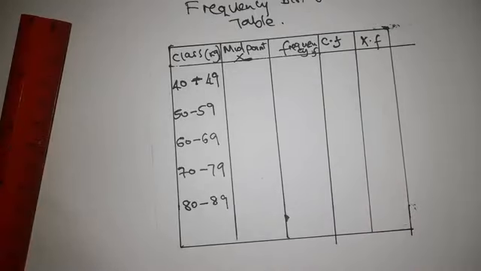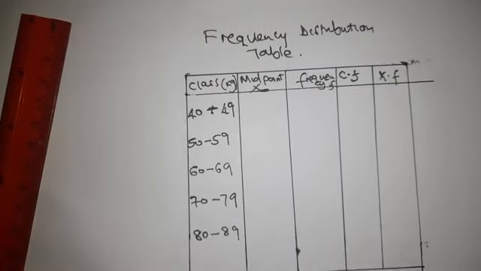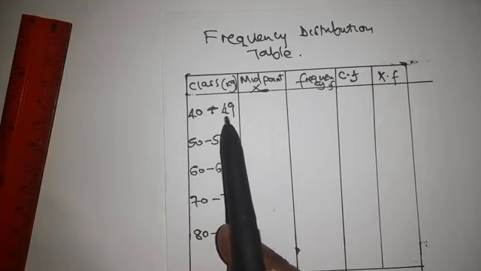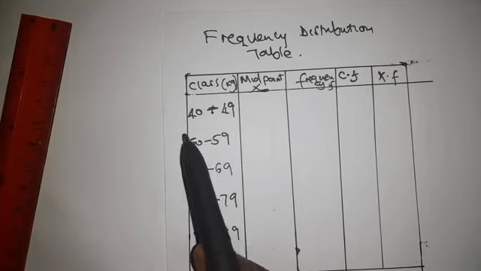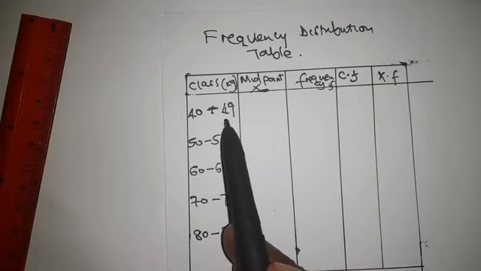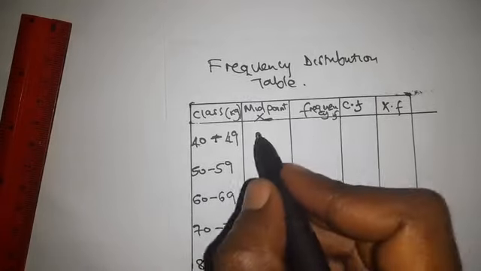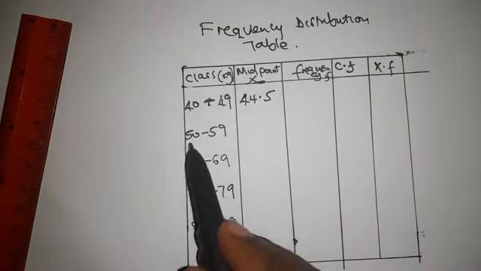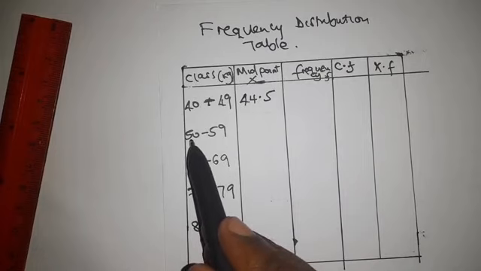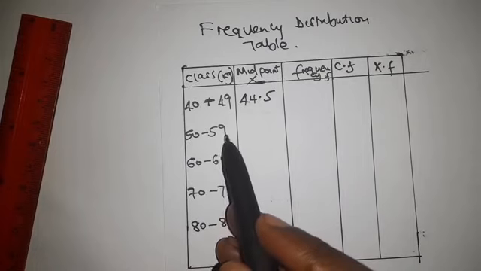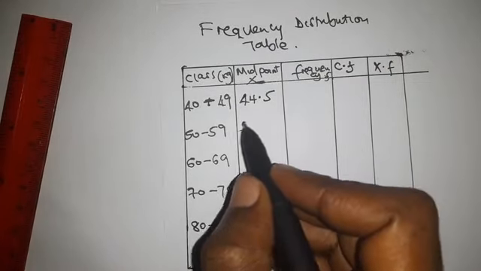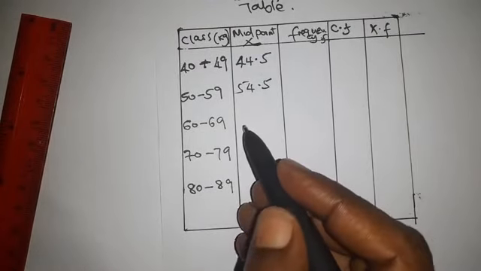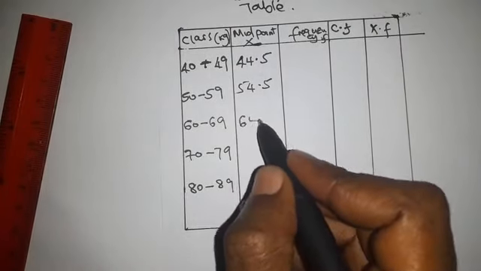Now, for the midpoint, we add the lower boundary plus the upper boundary and divide by 2. So it's 40 plus 49 divided by 2, which gives 44.5. Now 50 plus 59, the lower and upper boundaries, divided by 2 gives 54.5. Then 60 plus 69 divided by 2 gives 64.5.